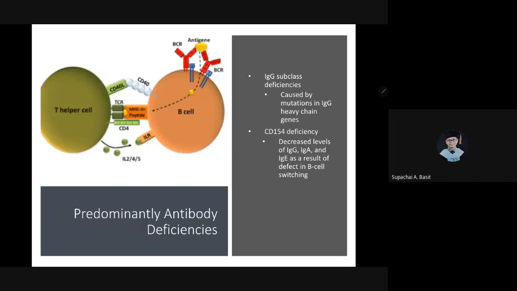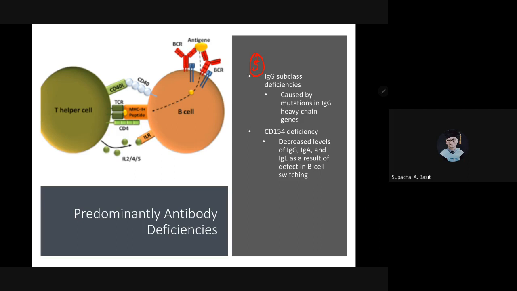Okay, the fifth disease, or fifth disorder, under this category is the IgG subclass deficiency. Now, this particular deficiency would only be affecting IgG, obviously.